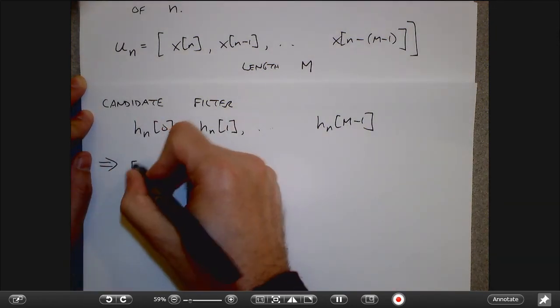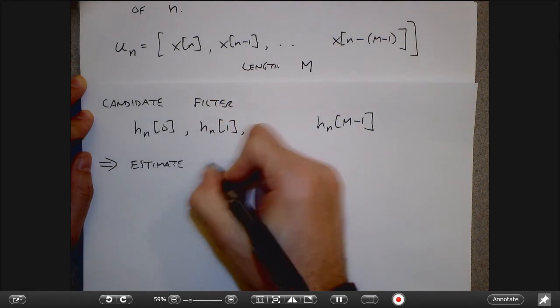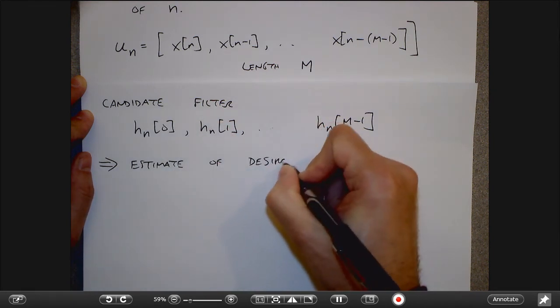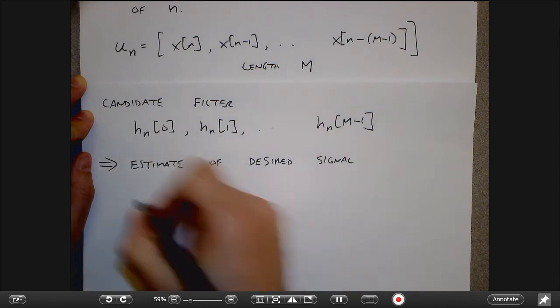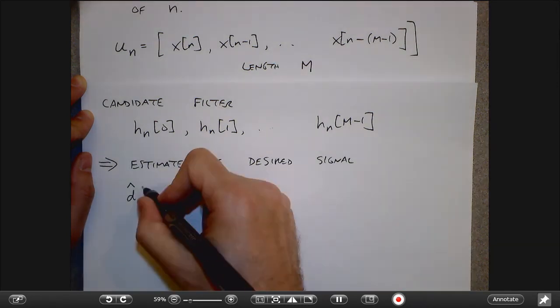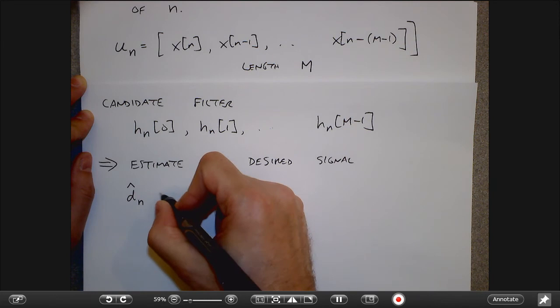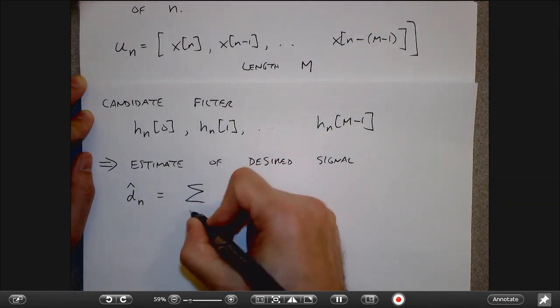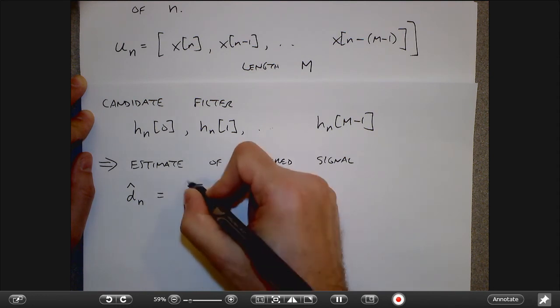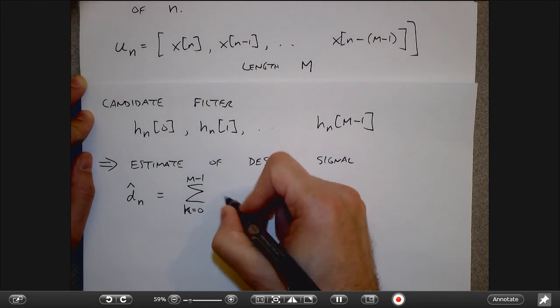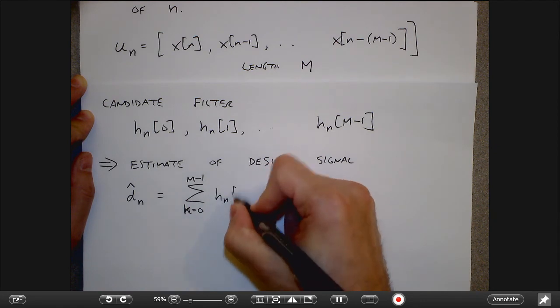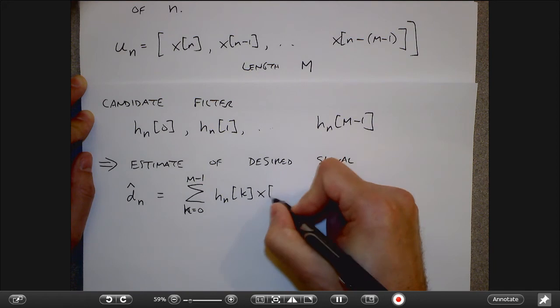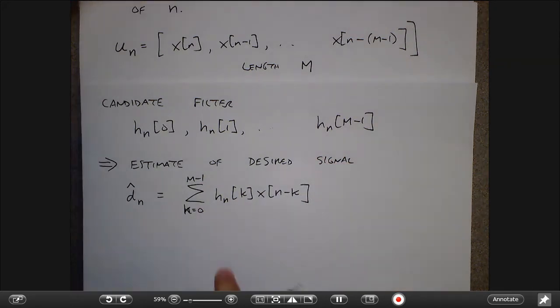And then what I get is an estimate of the desired signal, d hat, at time n, which is basically gotten by filtering the signal like this, right? This is like saying, what would my estimate of the desired signal be at time n using the previous values of the signal that I have here?